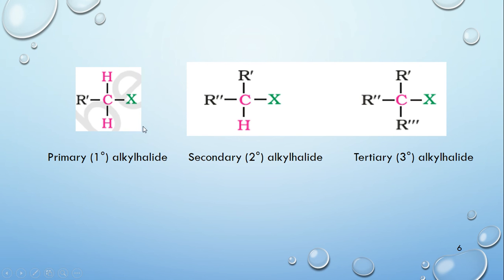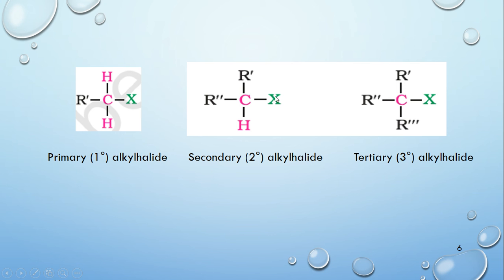In the first structure, we can see we have a halogen atom which is represented in green, which is bonded to a carbon atom, and that carbon atom is bonded to only one alkyl. So it is called a primary alkyl halide.